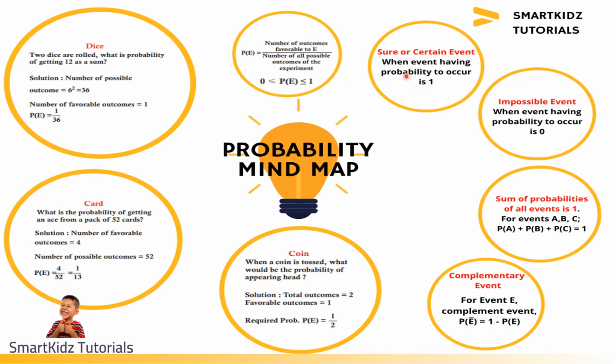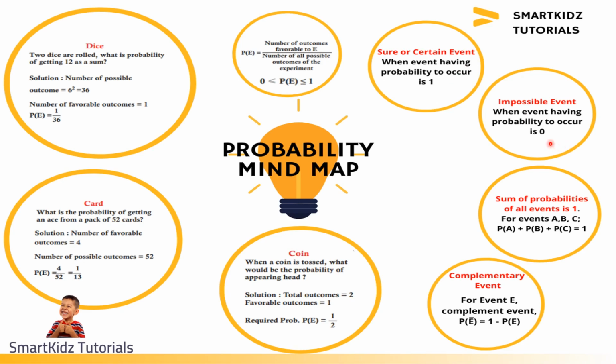So if you get it in fill in the blanks or in your MCQ questions, the probability of an event that is sure to happen, then remember the probability is always 1. Similarly, if we know for sure that an event is not going to happen, or it is impossible for that event to happen, then we say the probability of that event is equal to 0.